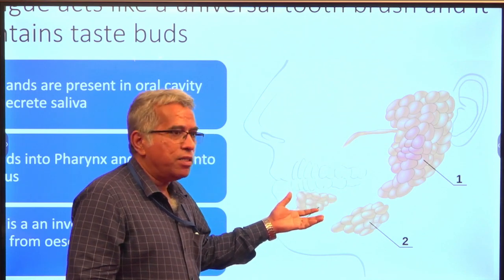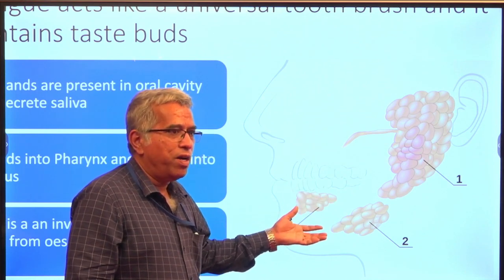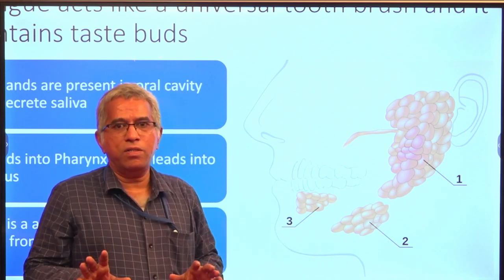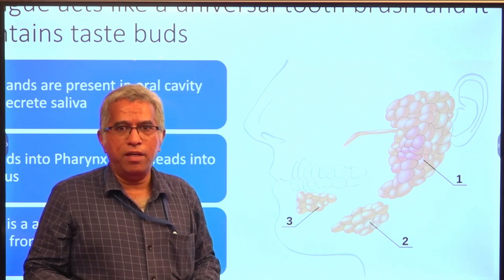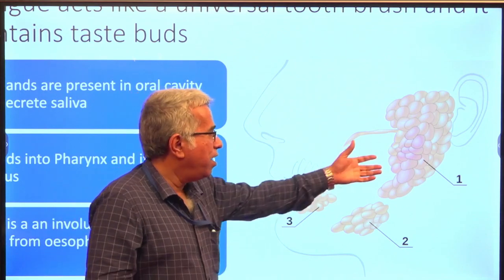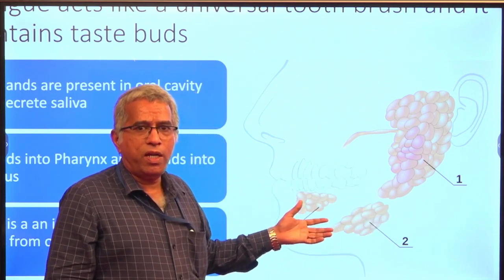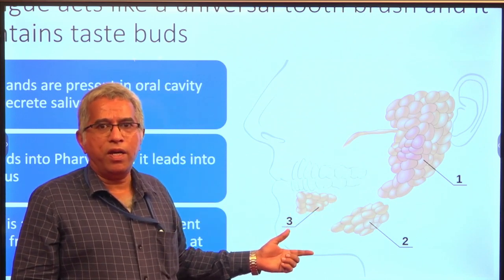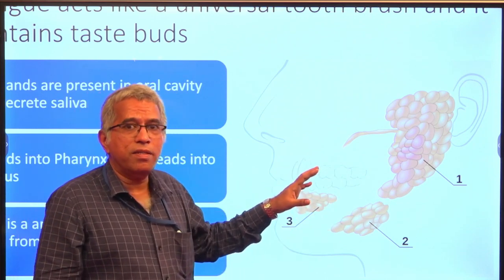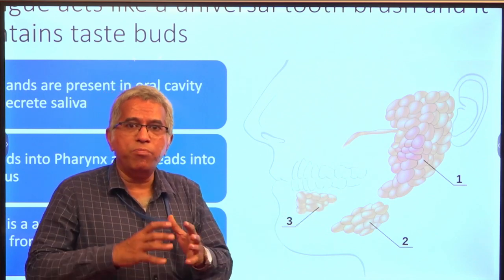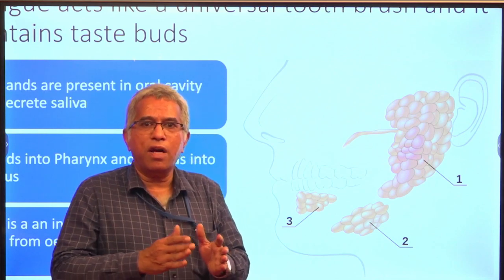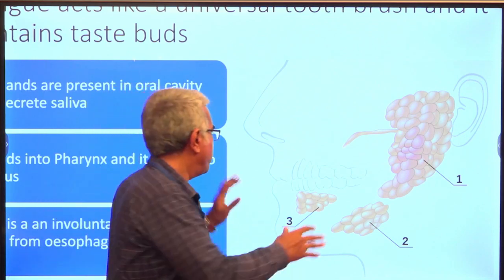The gland that is present below the tongue is called sublingual, and the gland that is present at the corner of the jaws is called submaxillary or submandibular. So there are 3 types of salivary glands, namely parotid, submaxillary, and sublingual. These salivary glands secrete saliva, and saliva gets mixed with the food, digests the starch, and converts it into maltose.